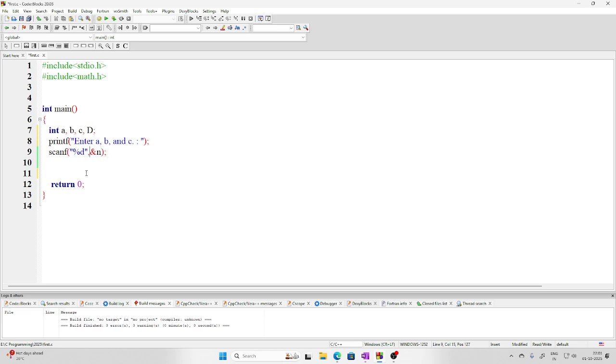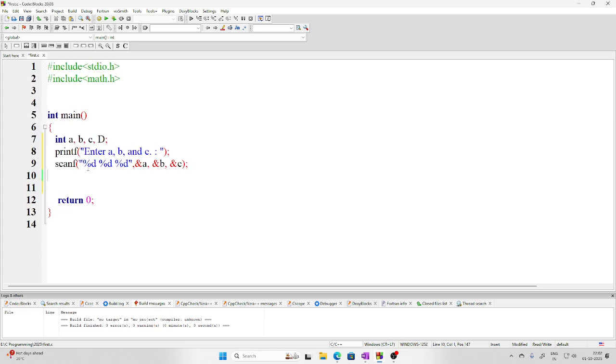Now percentage d, percentage d, percentage d for a, b and c. I think till this point it is clear to you all. Now what I have to do? I have to find the discriminant, that is b square. Now math is already there, so I can use that power function. B square minus 4 into a into c.